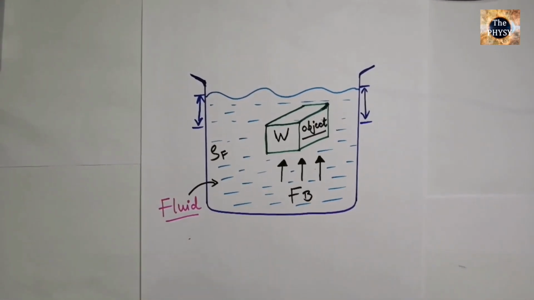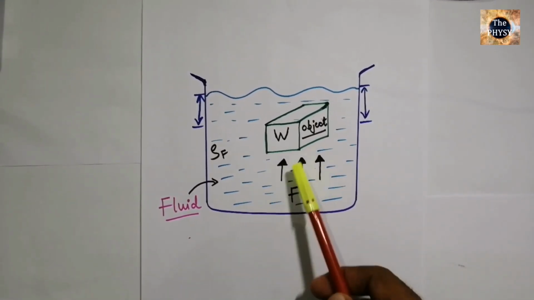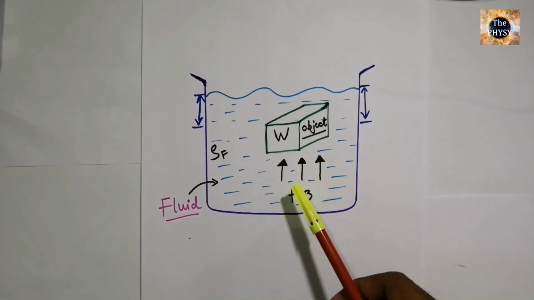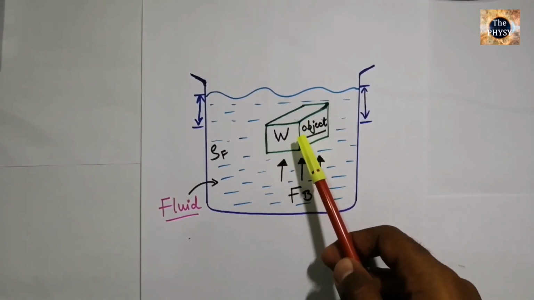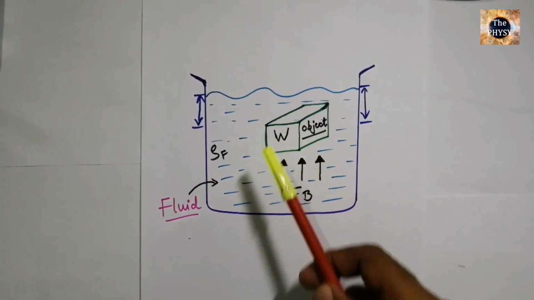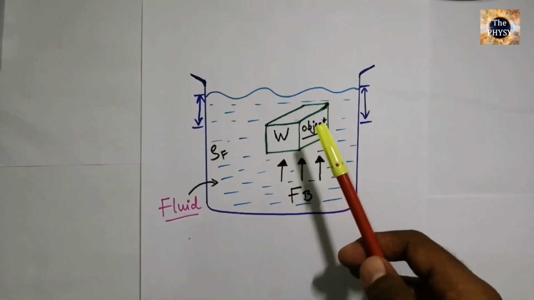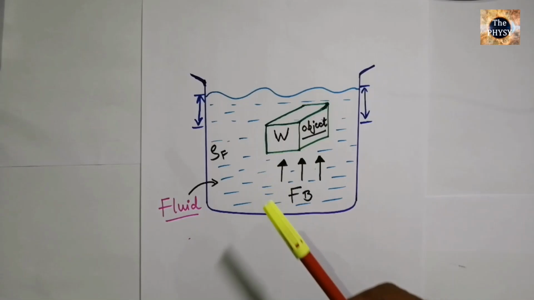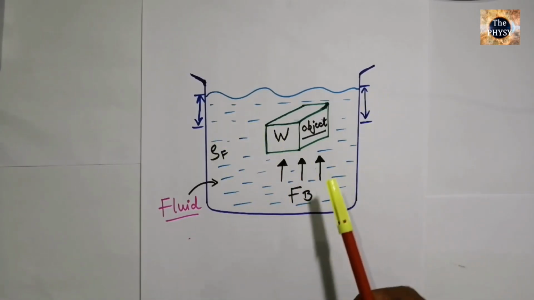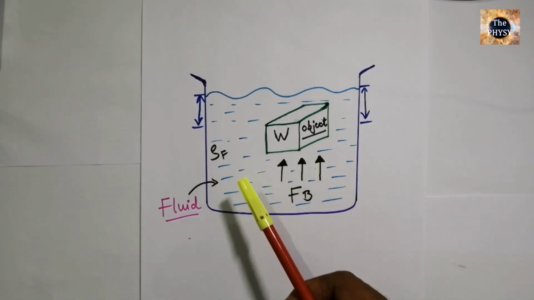As our Archimedes principle says, the upward buoyant force that is exerted on the body, here the object having weight W, immersed in the fluid, fully or partially, and here it is fully immersed, is equal to the weight of the fluid that the body displaces.